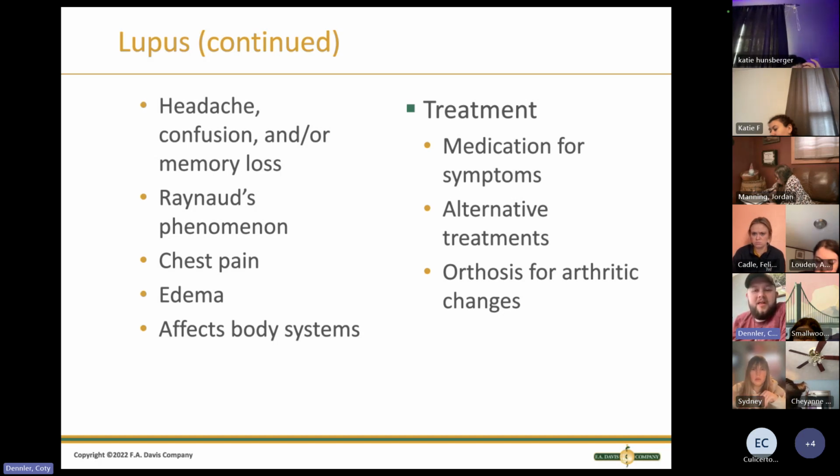I don't really get into a lot of those, it depends on what method you want to go through. And then an orthotic if they have arthritic changes. If they start to see joint swelling and it's putting wear and tear damage on those joints, you might do an orthotic to keep good positioning of the joint and keep weight bearing off.